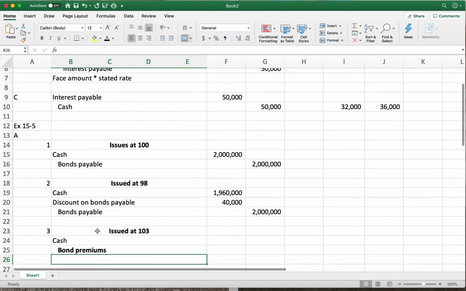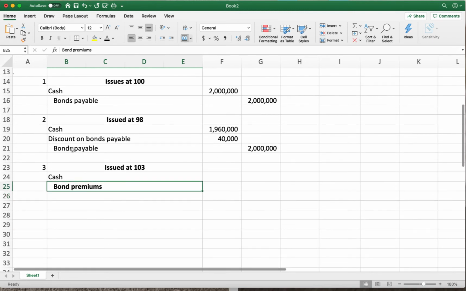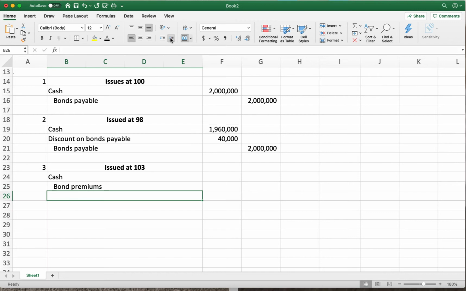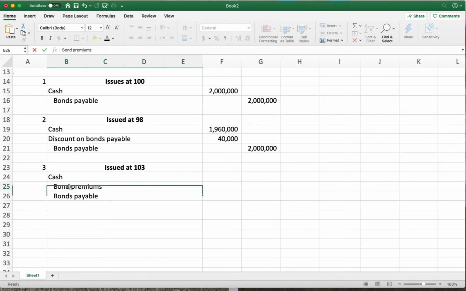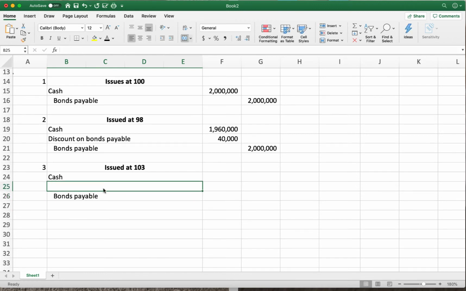And I'm going to credit bonds payable. Actually, it should be premium on bonds payable. That's the correct account name.